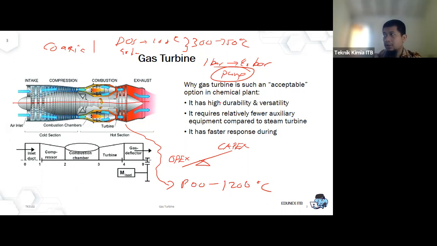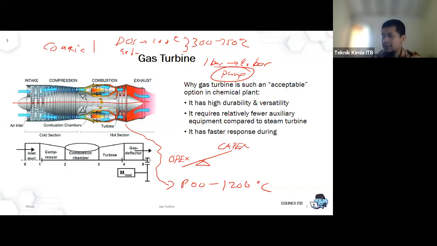And you can imagine the difference. The material used in steam turbine will not withstand the environment used in the gas turbine. That's why it's already durable by itself. Because the material is expensive, it's durable. So that's the seesaw effect, the trade-off. It's durable, but it's expensive.